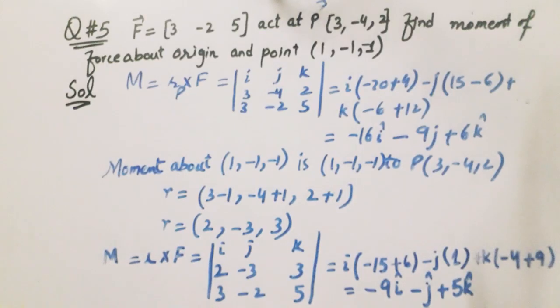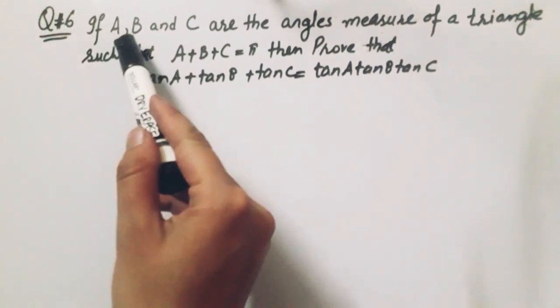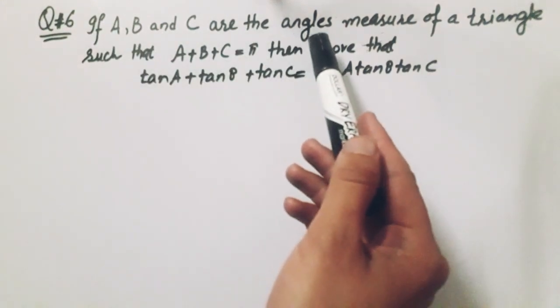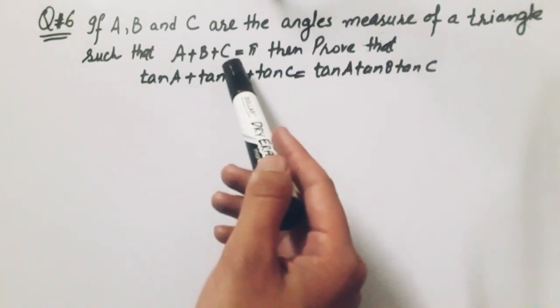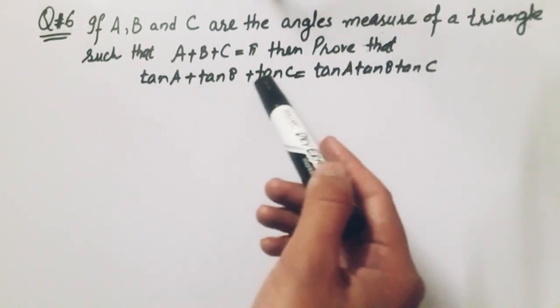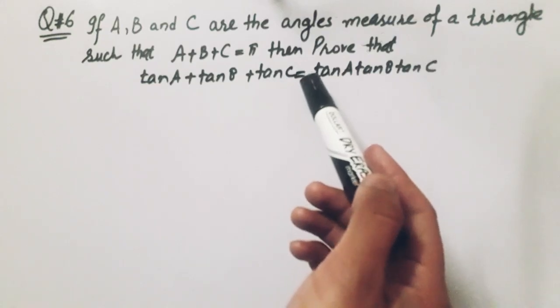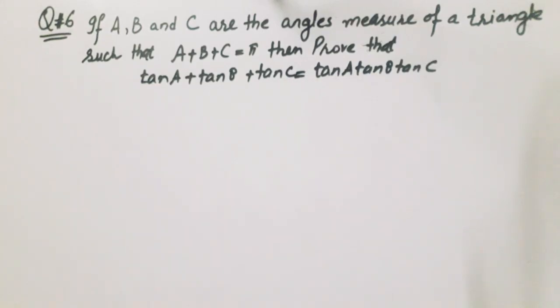Now we will solve the next question, that is question number 6. Question number 6 is, if A, B and C are the angles of a triangle such that A plus B plus C is equal to pi, then prove that tan of A plus tan of B plus tan of C is equal to the product of tan A, tan B and tan C. Now we will solve this question in very easy and simple steps.